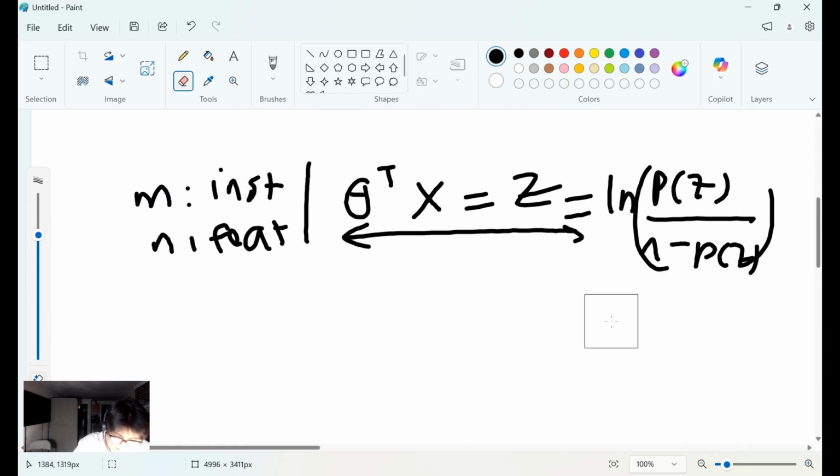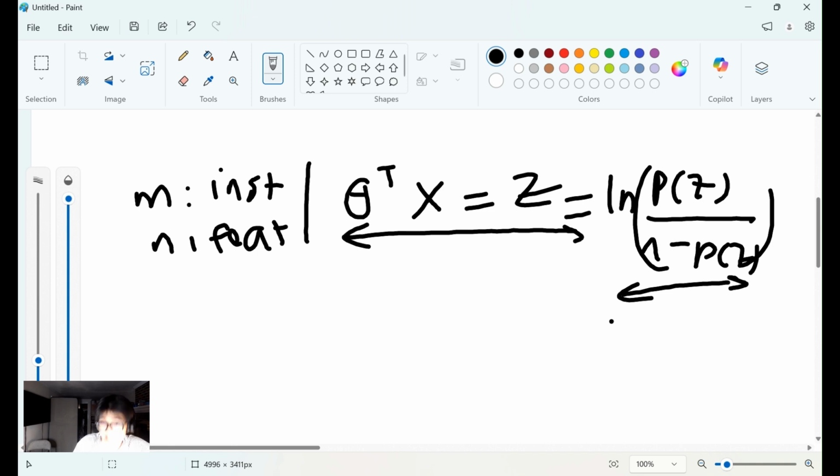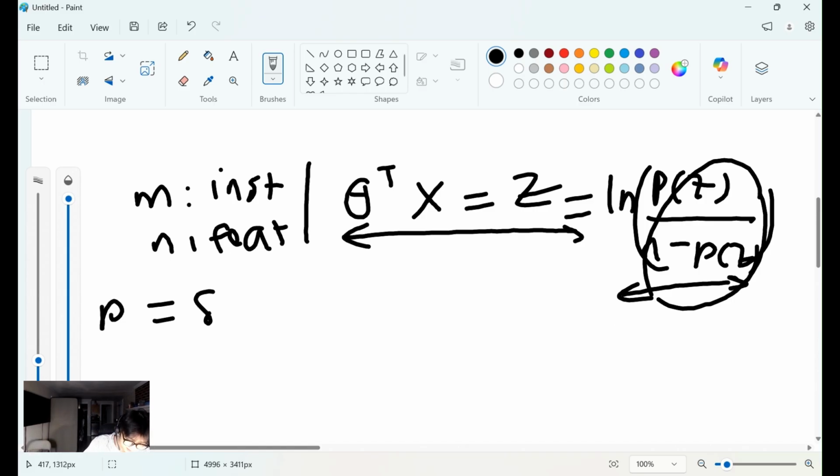So right here we have a linear relationship, but what about this? The thing inside the bracket right here is called an odd. An odd is basically a different way of representing probability. So for example, I say that the probability that the weather may rain tomorrow is 80%. So it goes something like P equals 80%.